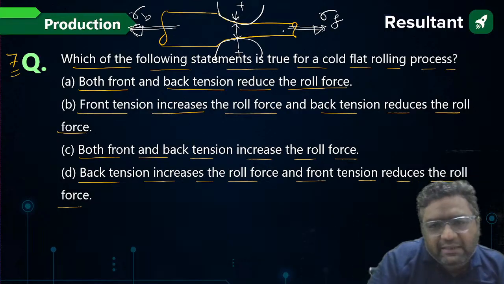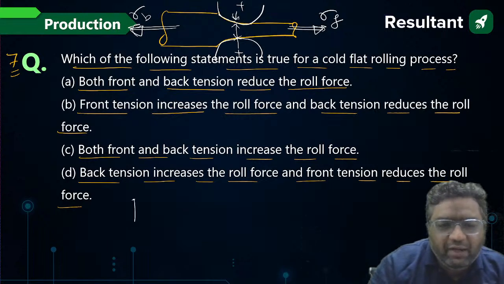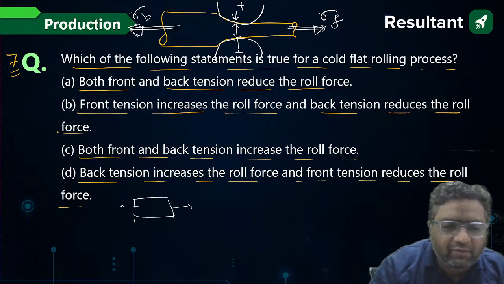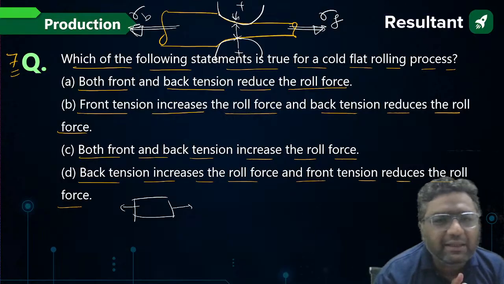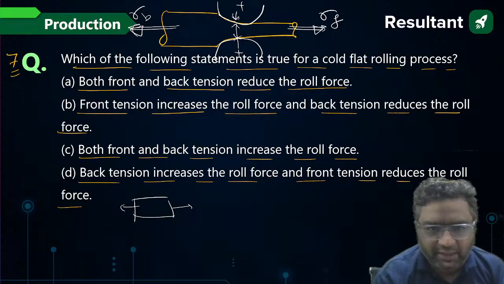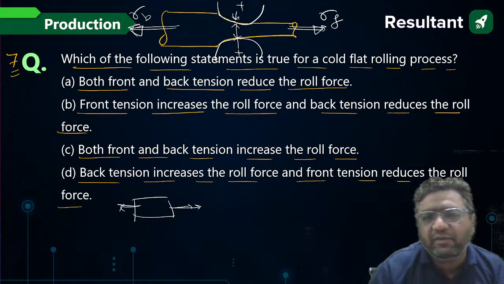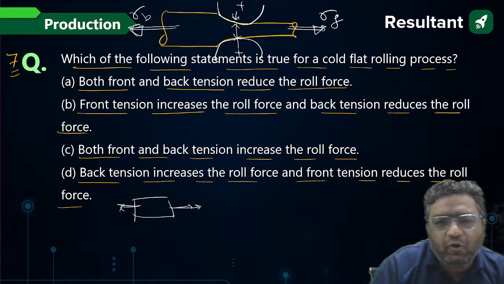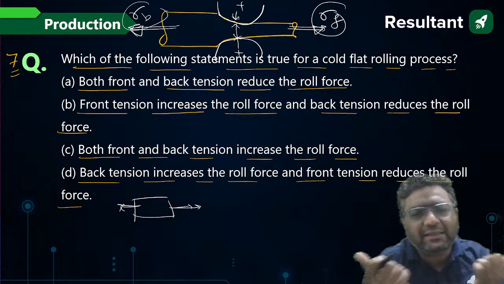If it increases the length, it also will try to reduce the cross section, because whenever we apply tension in one axis, it creates compression in the other axis. Because volume is constant in plastic deformation, if you try to increase one side, the other sides will get compressed. So the point is that front and back tension, both are trying to increase the length.